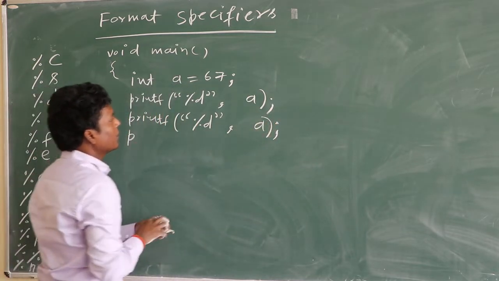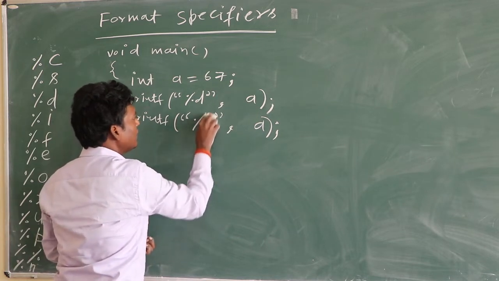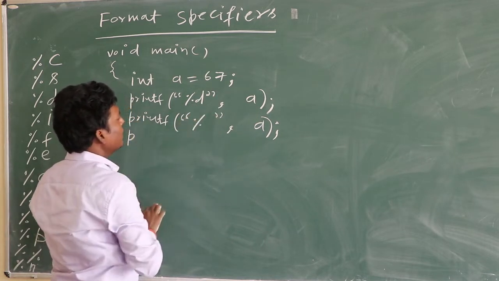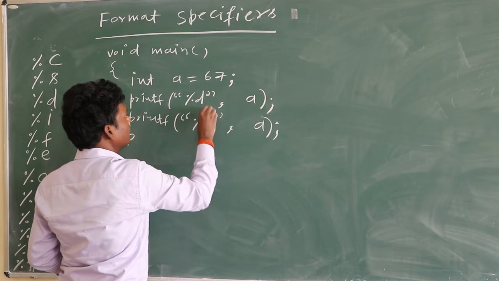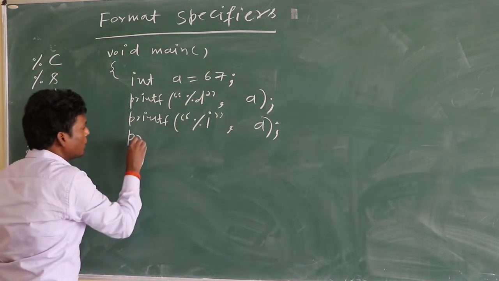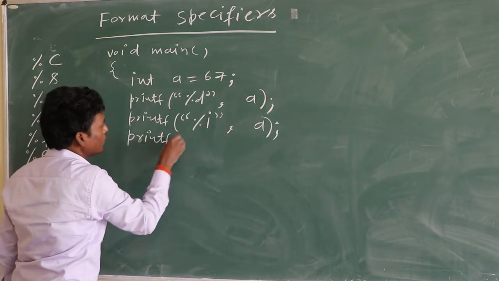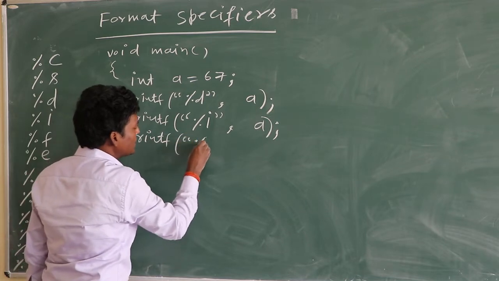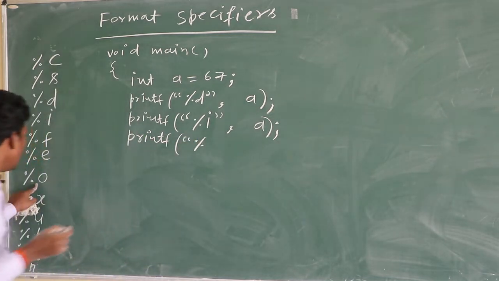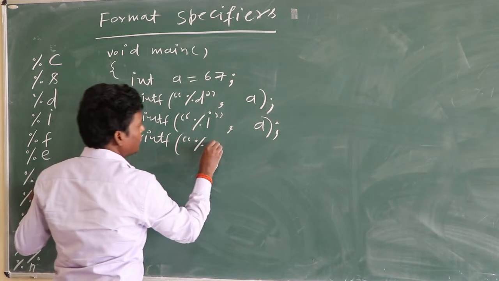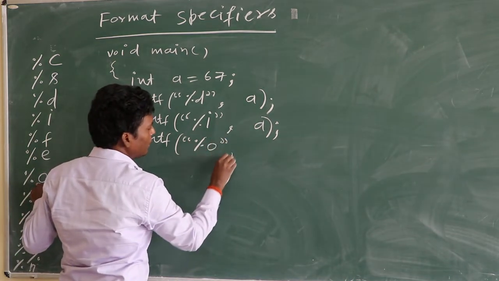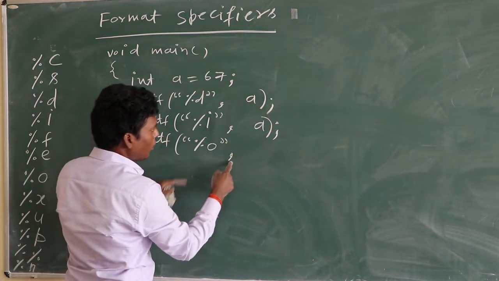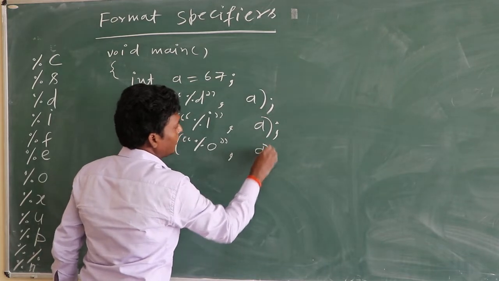Printf, this is %i, this is %d, and this is %i. Printf %o, o for octal number, string closed, comma a.